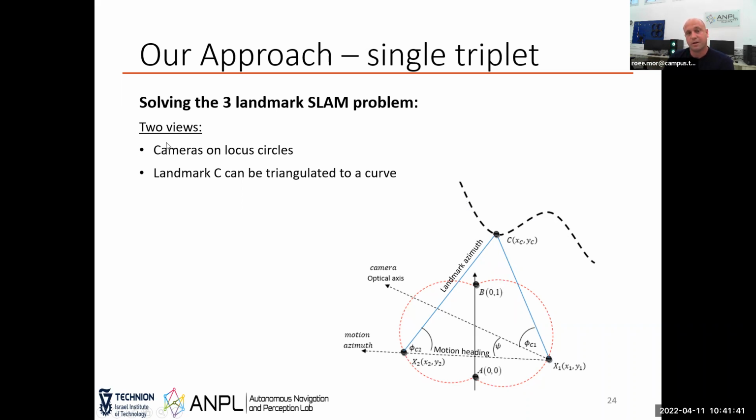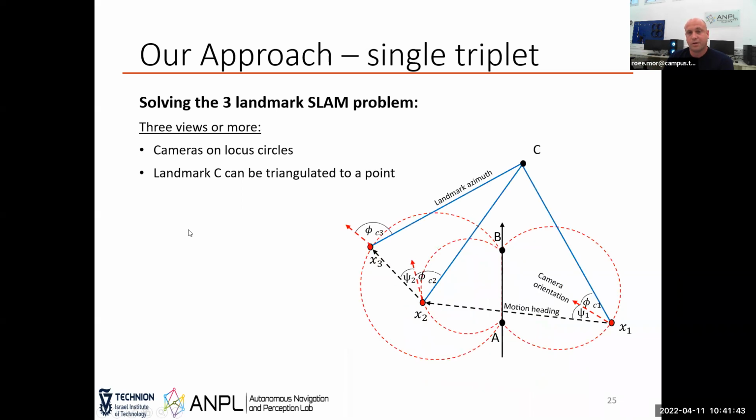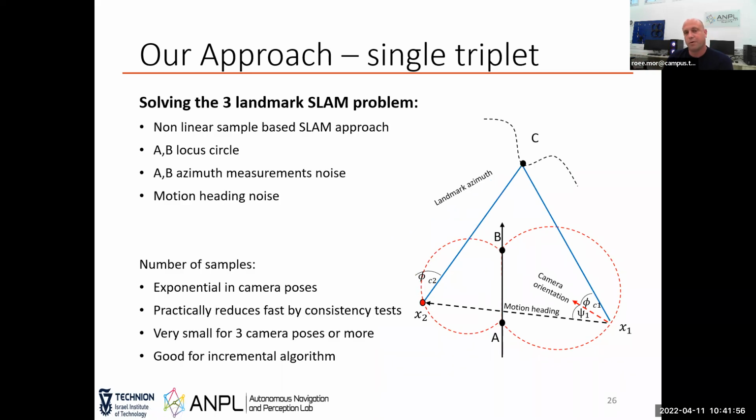Okay, so this is when you have 2 views. When you have 3 views, you can actually triangulate the specific location of landmark C, and it's fully constrained. So this is the basic geometry of the problem.